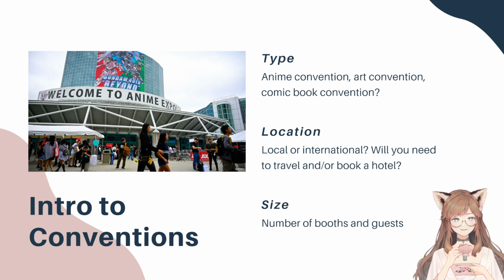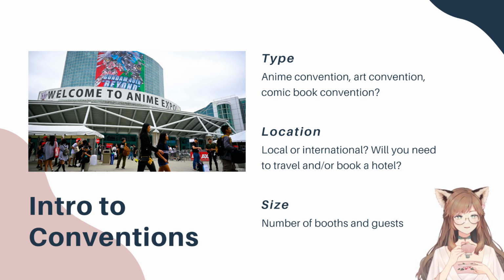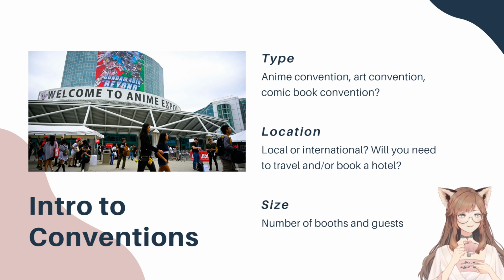Conventions like Anime Expo are incredibly huge, with hundreds of thousands of visitors for the weekend. But there are also small, local conventions, which probably only have 10,000, 20,000 visitors. So the stuff you'll do to prepare is also going to be different depending on the type and size as well.